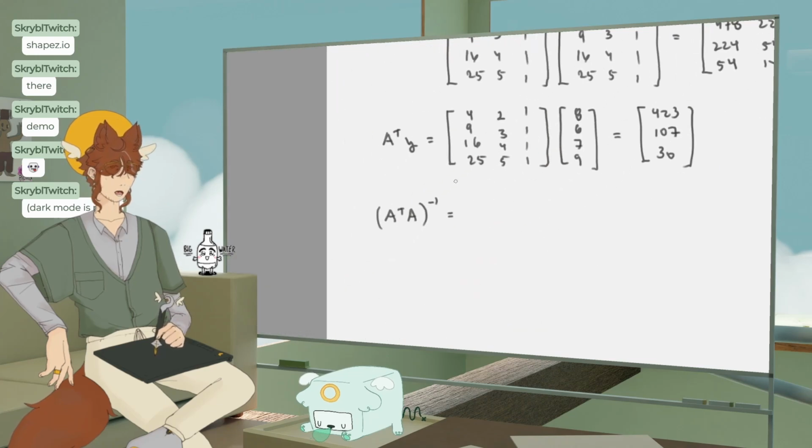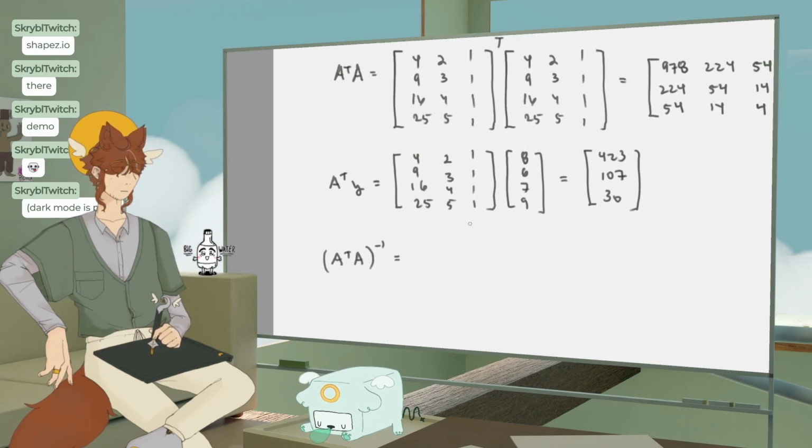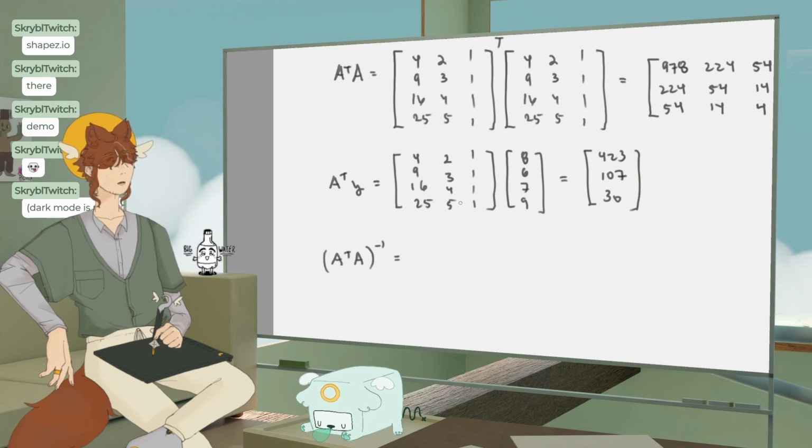It's pretty scuffed. I'm already psyching myself out of doing it. I think we should do the adjoint. It'll probably be faster. But I still have to do the determinant of a 3x3.